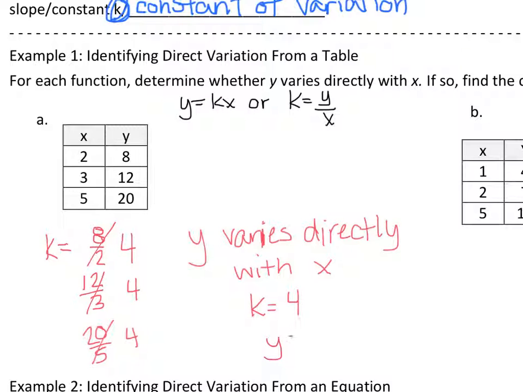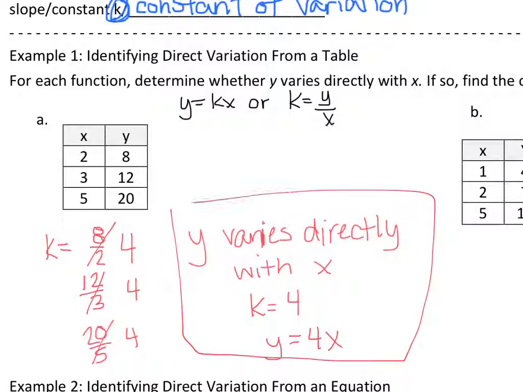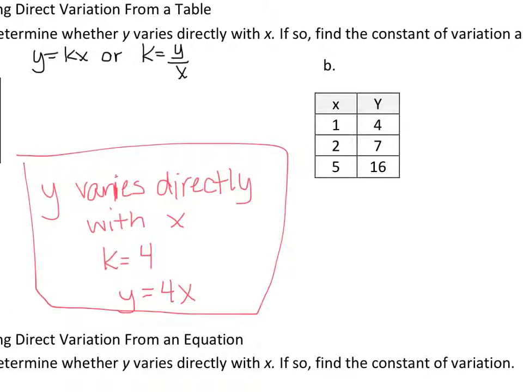The next one we're going to do the same thing. All the k's are going to be y divided by x. For the first one, what's 4 divided by 1? That's 4. The next one, 7 divided by 2. That's 3.5. Do those match?